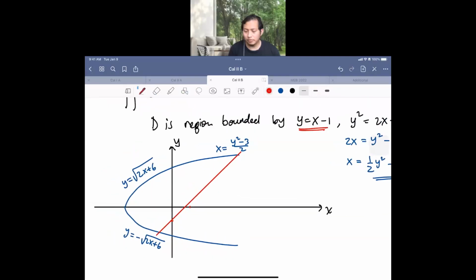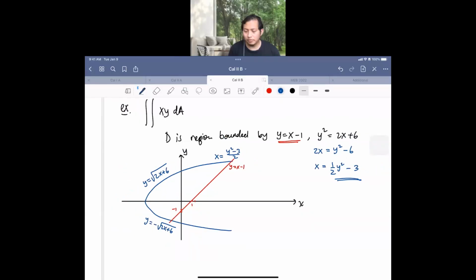So this will be our y equals x minus 1. So this is 1, this is 1, and this is negative 1. Okay, we could check the intersections.